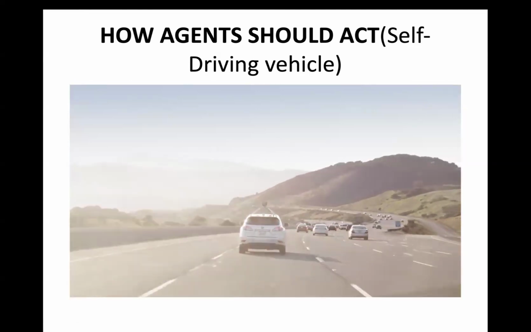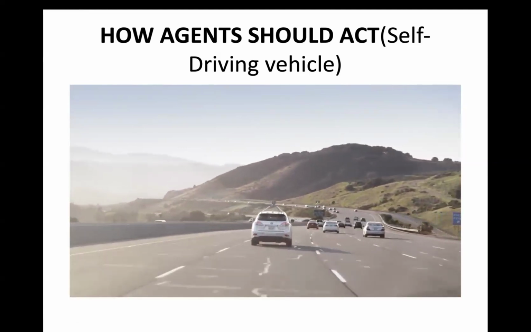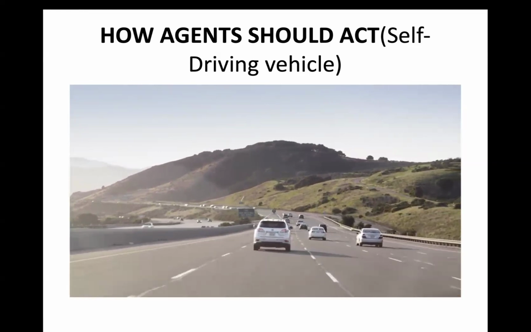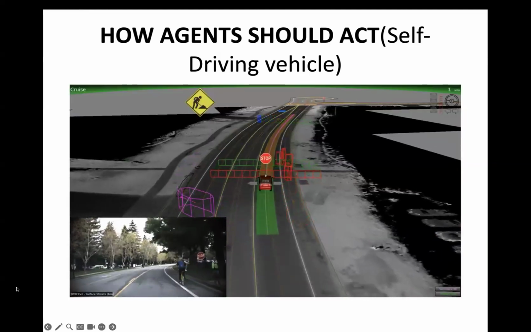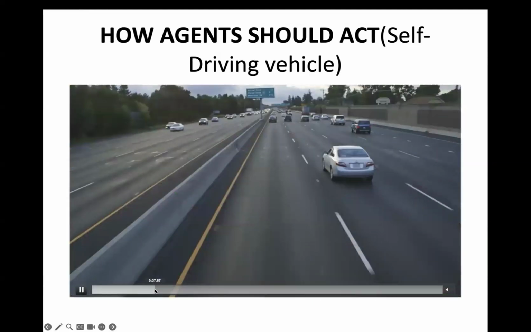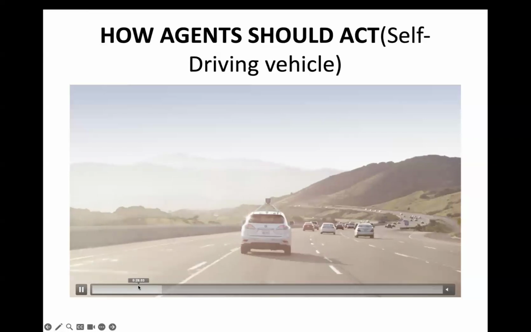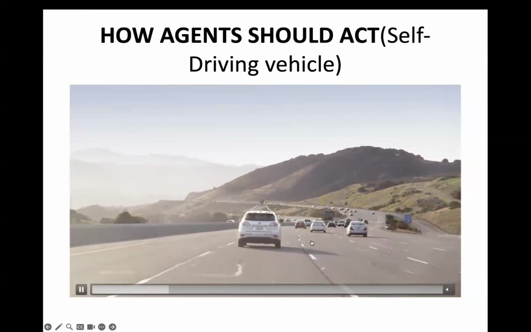So it has to perceive. If we use this vehicle, for example, to move from Kitwe to Lusaka, the self-driving vehicle is supposed to know when it has reached Kabwe, when it has reached Lusaka, when it gets to the destination. So as it is moving, it needs to know where it is.